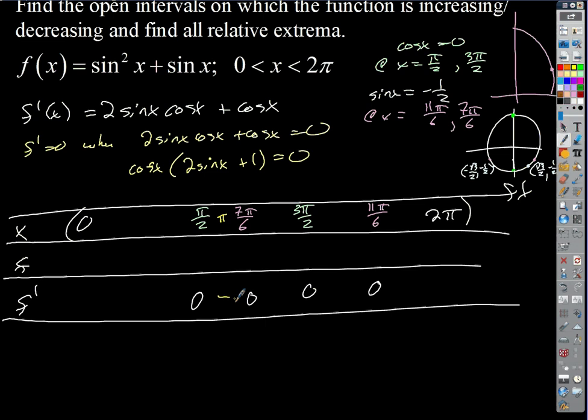What about in here, what's a value between there and there? I could pick something like 5/4 pi. Everybody agree? 5/4 pi is the one right there that's between those two.